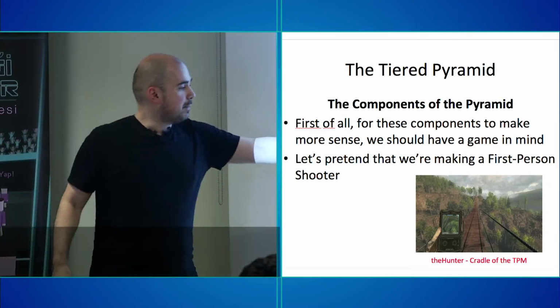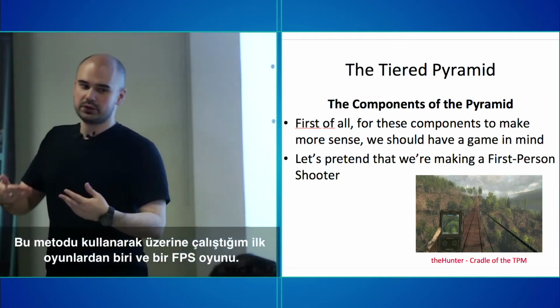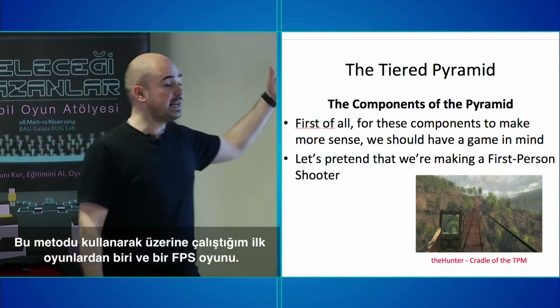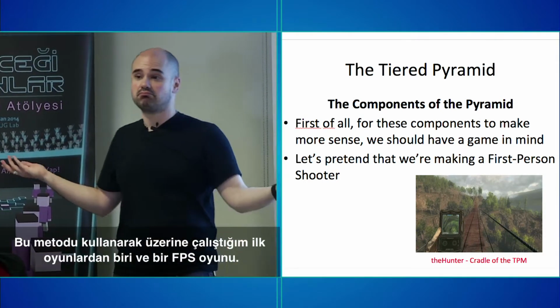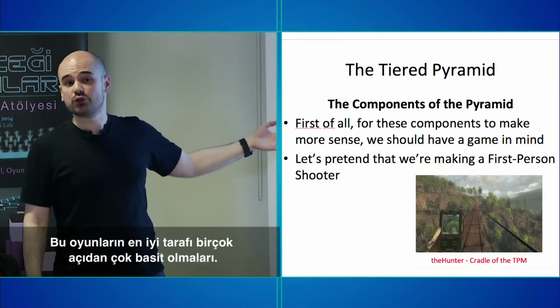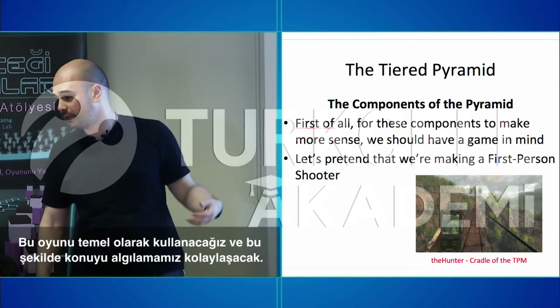So I'm using one of my own games here. It's called The Hunter. It was one of the first games where I actually worked in this method, and it was a first-person shooting game. The best thing about those kinds of games is they're extremely simple in many ways, so we're going to use this as a basis because it simplifies things a whole lot.